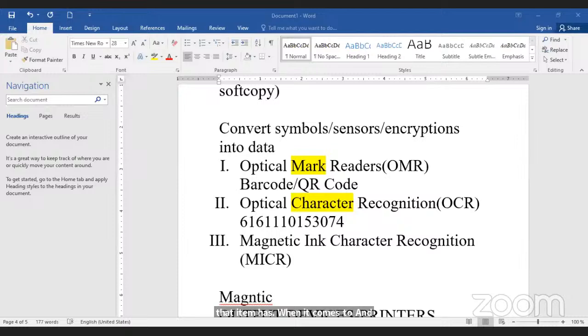When it comes to marks, the keyword is mark. What's a mark? Which example can I use?